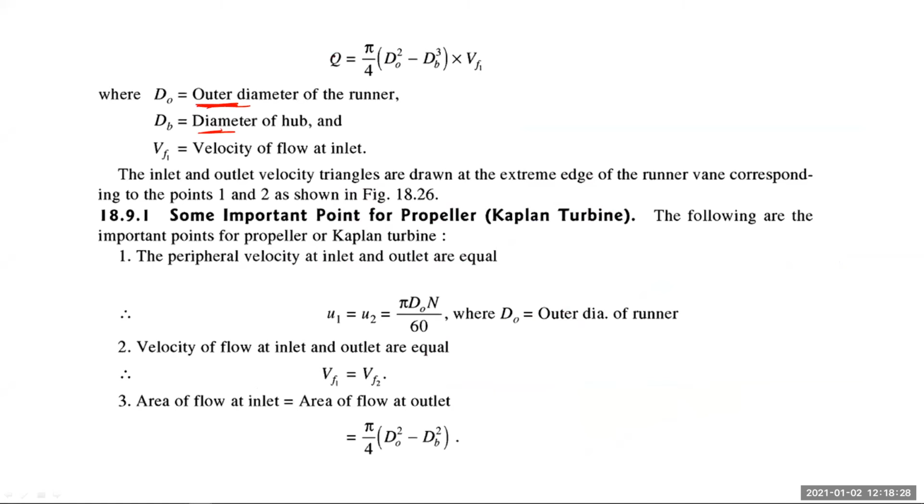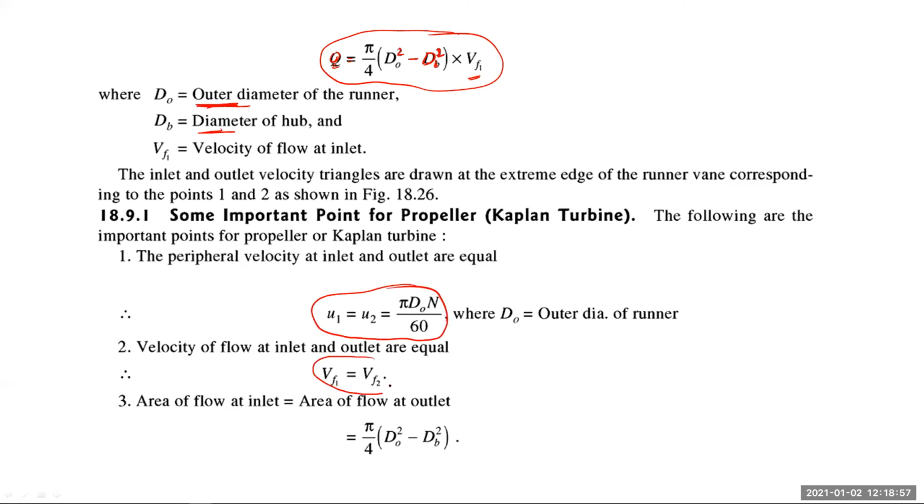So the discharge formula represented by Q will be pi by 4 into outer diameter D squared minus D of hub squared. Here cube is written, but it should be square. Into your velocity of flow. So this is the only change that we have to incorporate in how we were solving the numericals. Rest, everything will remain the same.